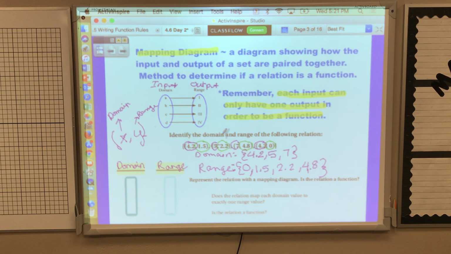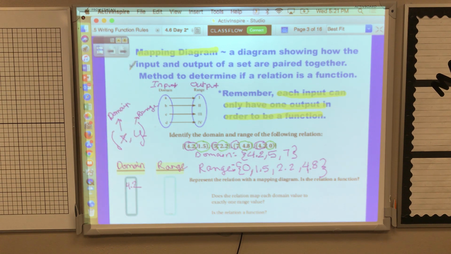When it asks you to identify the domain and range, it has to be written in a set. Don't just write it here and say, my domain's labeled right there. That's not going to get you the credit because it has to be inside those braces. When I make my mapping diagram, I'm going to list them the exact same way I listed them in my set. The first one is 4.2, then 5, and then 7.